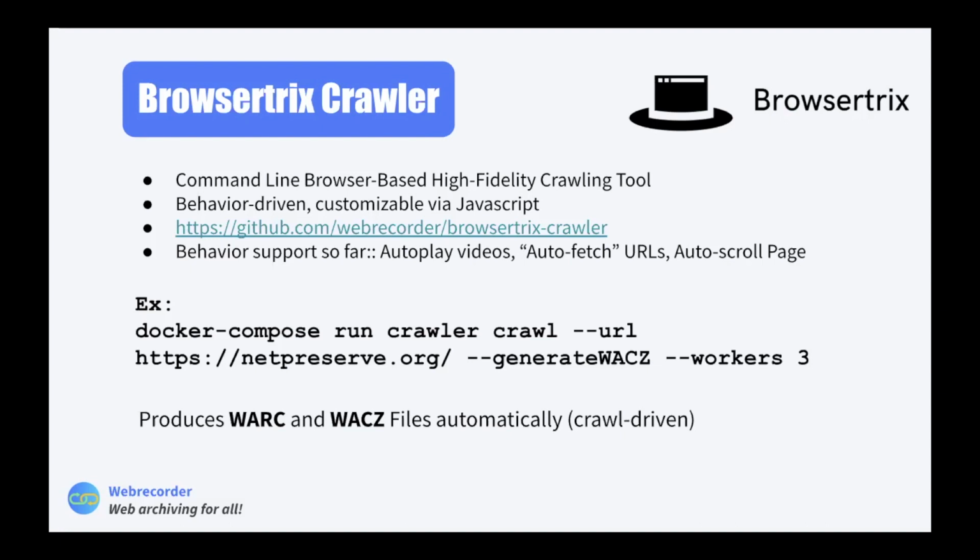The idea is that the system can be really easily customized. It's customizable with JavaScript and behavior driven. What it can do so far is autoplay videos, auto scroll pages, and automatically fetch certain URLs that are not automatically loaded in the browser, for example, multiple resolutions of images and so forth.